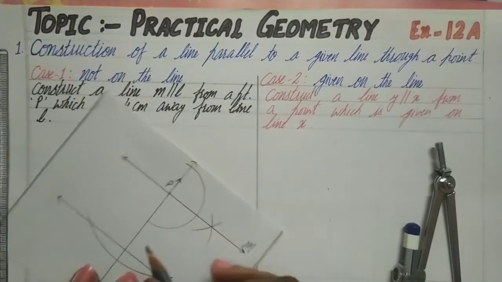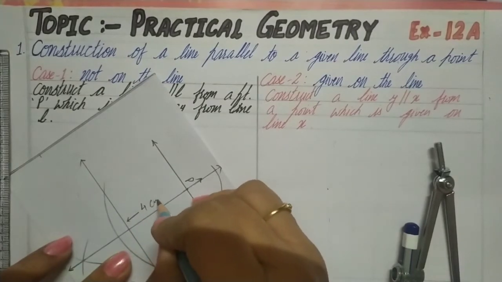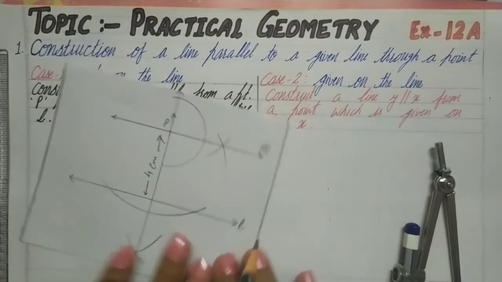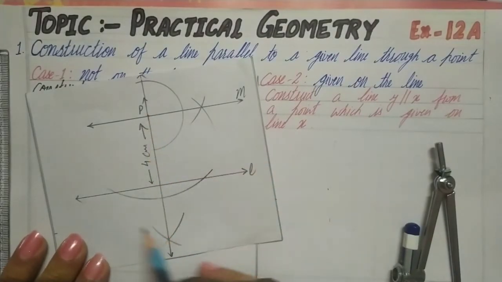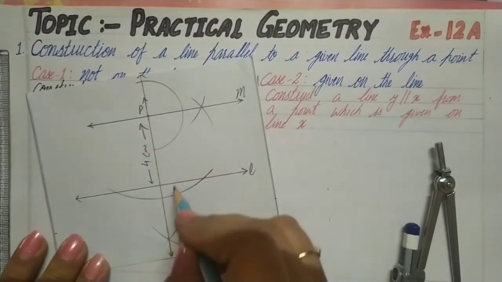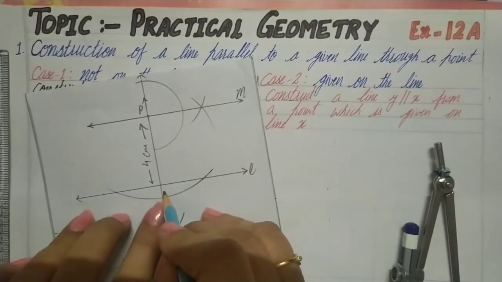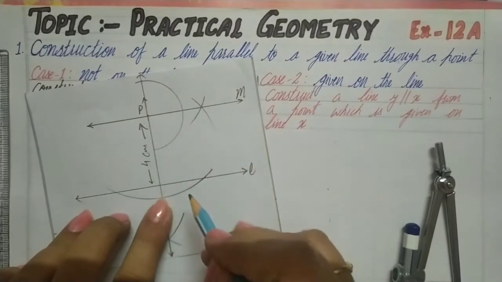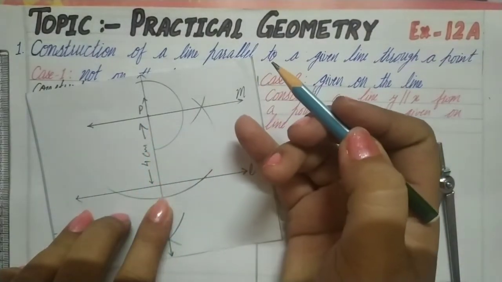Okay, and the distance between these two lines is 4 centimeter. So what about the alternate angles? Since this is a perpendicular on line L, this angle is of 90 degree. Then you can see that this one angle is also 90 degree.